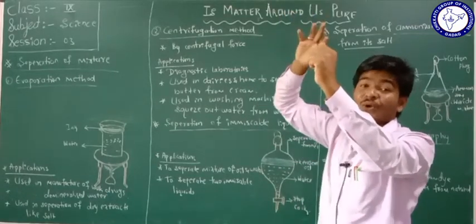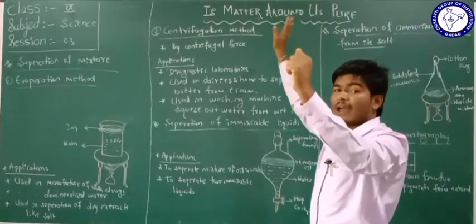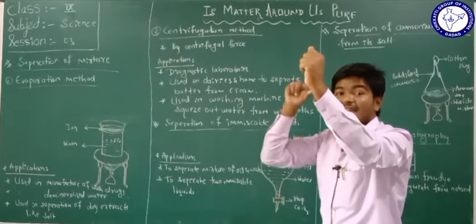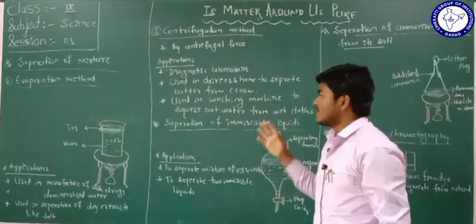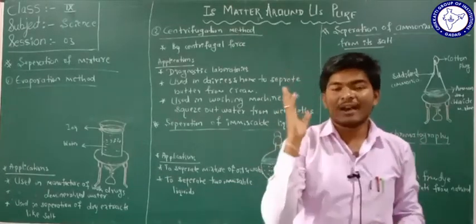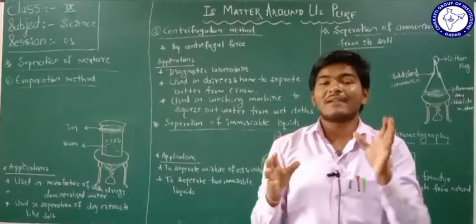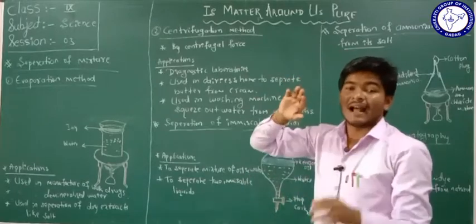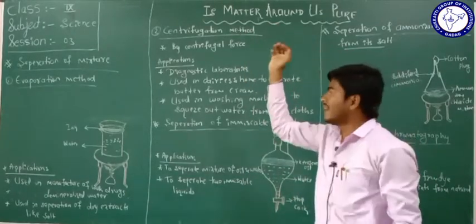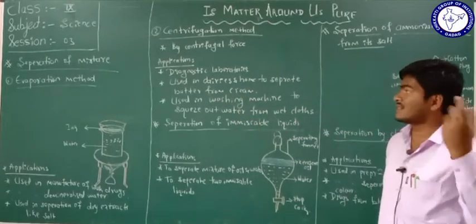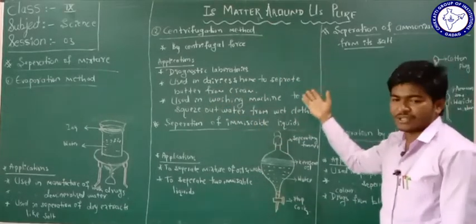The stone will try to go away from your hand by the external force, that is the centrifugal force. Is it clear? So the centrifugal force is a type of force that acts away from the centripetal force, or the center. Is it clear? So this centrifugal force is used in the centrifugation method.